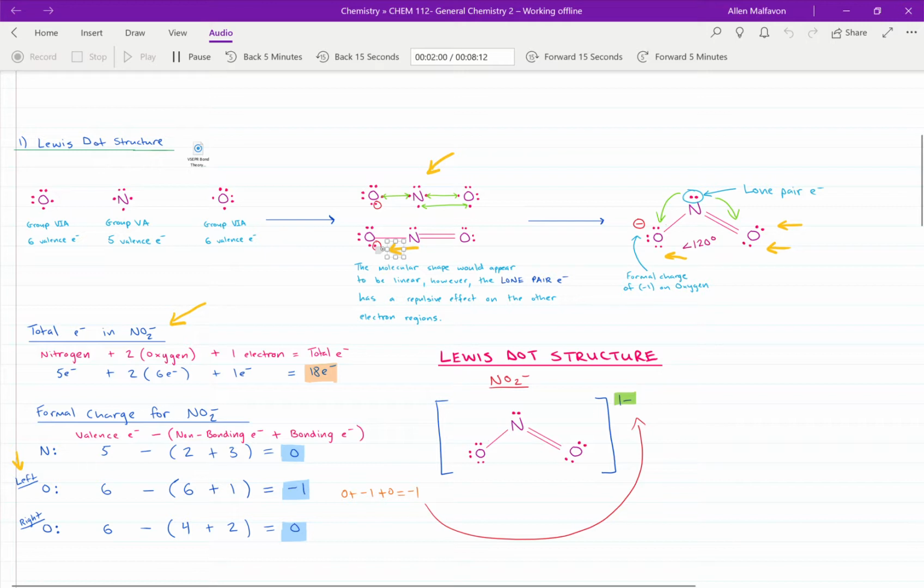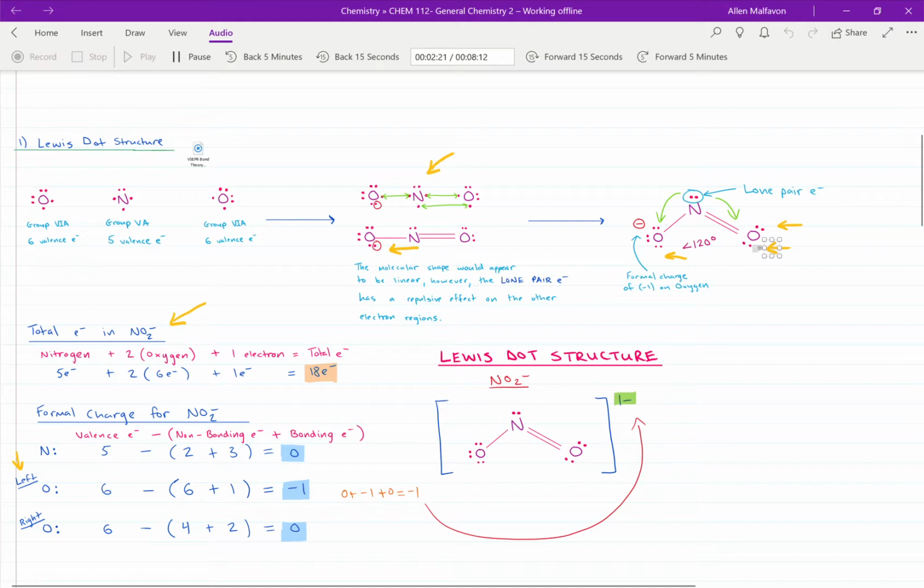Moving further right, we see that nitrogen will have a lone pair of electrons above it, and I have chosen to draw the double bonded oxygen atom to the right-hand side. We see that it has 2 lone pairs of electrons, which I've identified with yellow arrows there.